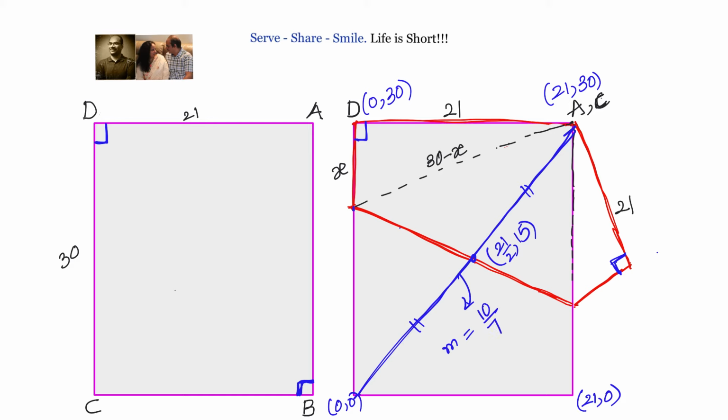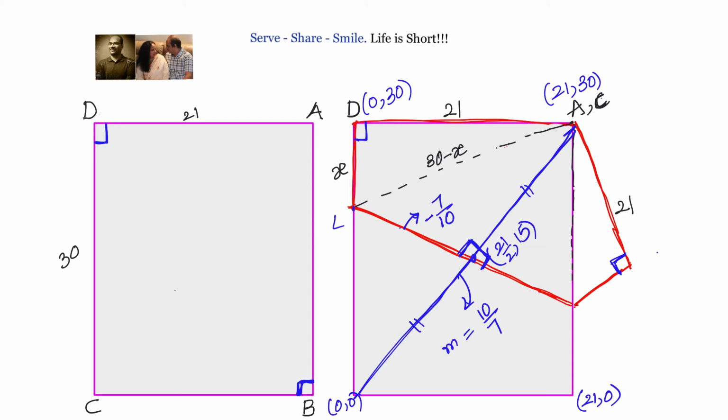Then the slope of the perpendicular line is given by minus 7 by 10, and it is passing through the point 21 by 2 comma 15. So then the equation of this line, which is perpendicular to the line joining A and C, let us say we'll take some alphabets for that.